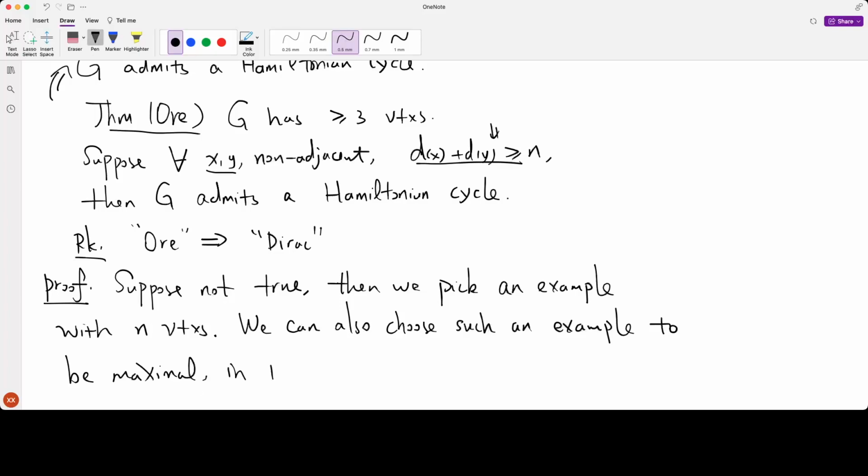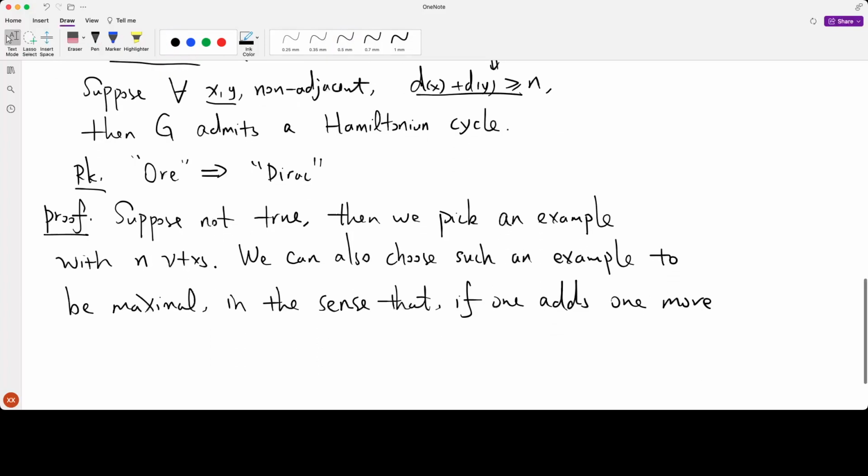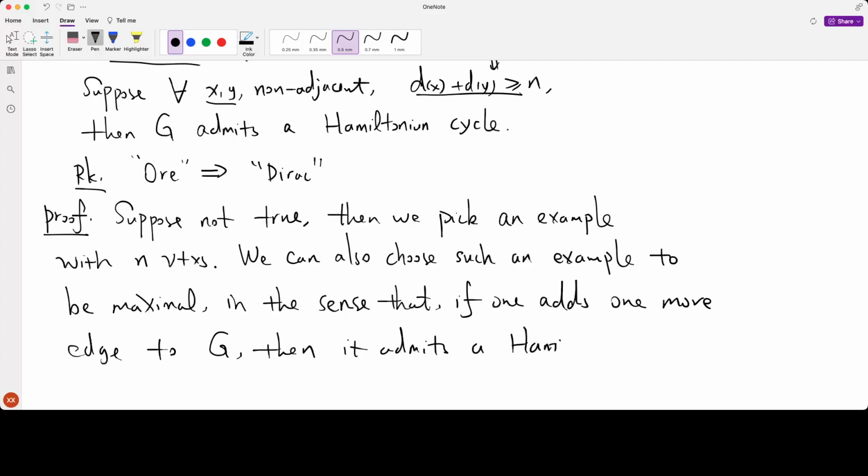So in the sense that if one adds one more edge to G, then it admits a Hamiltonian cycle. Okay, we can do this because we know that the complete graph obviously has a Hamiltonian cycle.